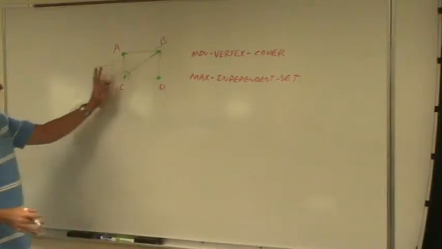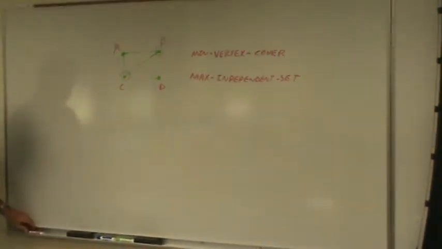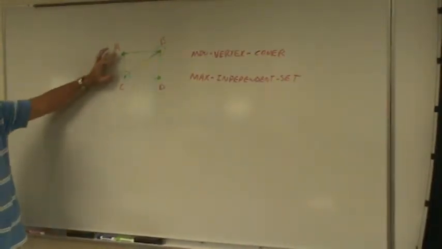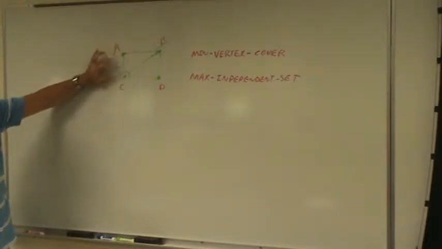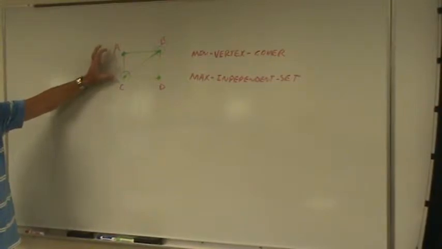Given a graph, find the maximum number of points that you could pull out of the graph as a subset such that none of those points touch each other. For example, you couldn't say A and C are part of an independent set because A and C touch each other. There's an edge between them.